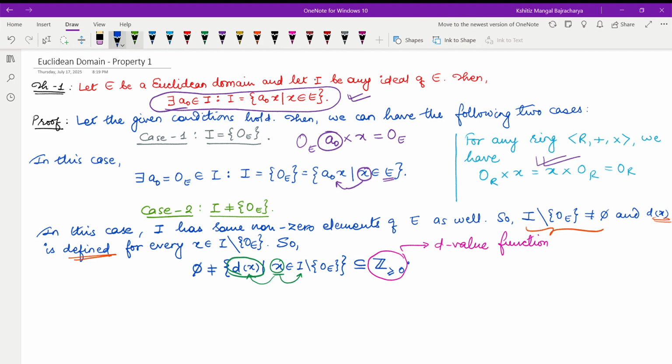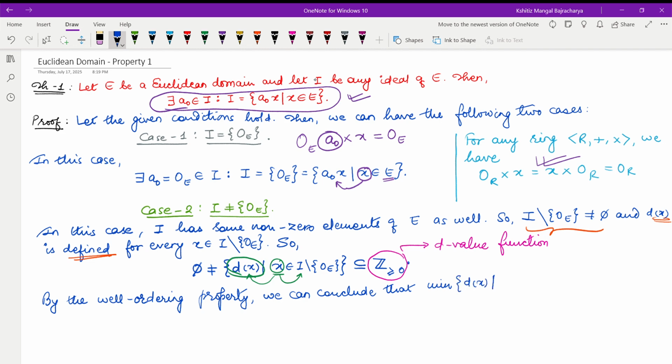Alright, so now as per the Weyl ordering property, we can conclude that the minimum of dx such that x belongs to I minus the 0 element exists.